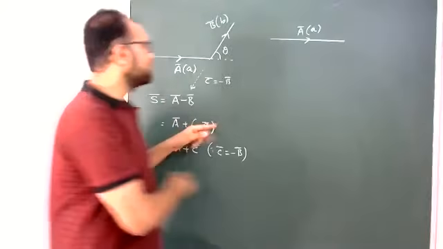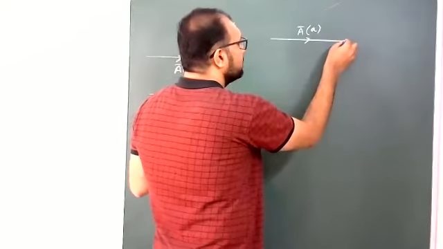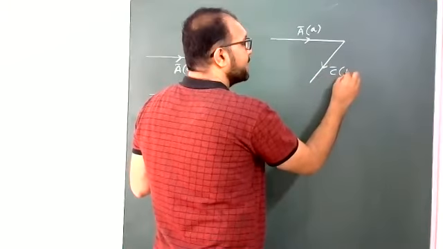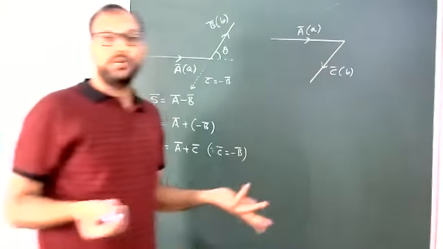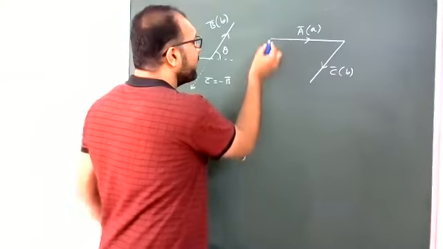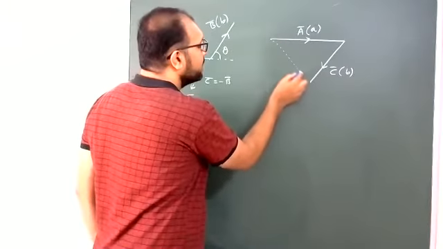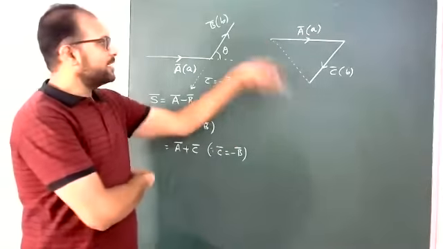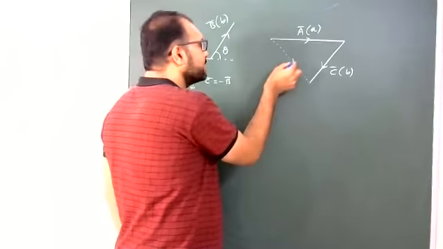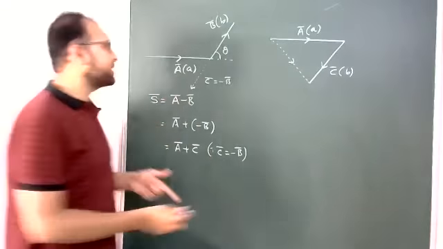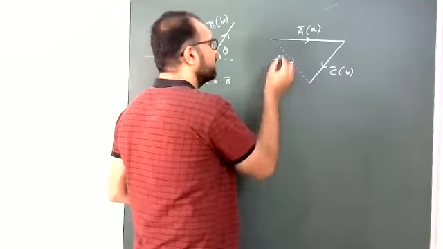So now this is C bar, magnitude B. Now the starting point of the first vector to the ending point of the last vector, this line joined is nothing but the vector addition. A bar plus C bar is S bar. So this is S bar.